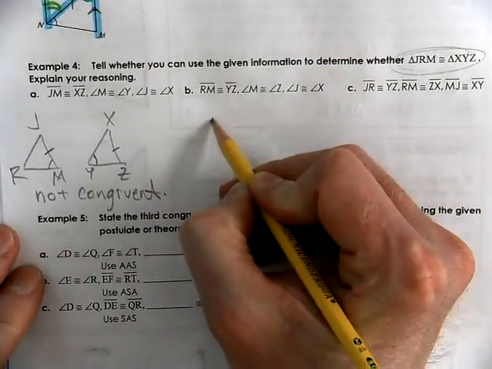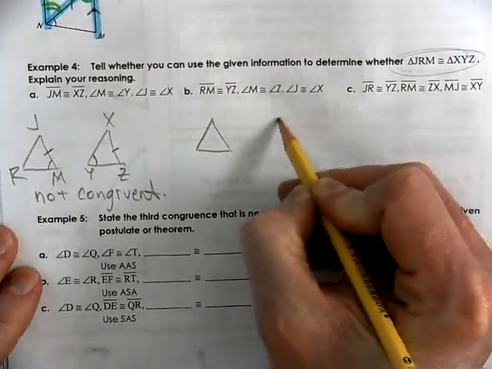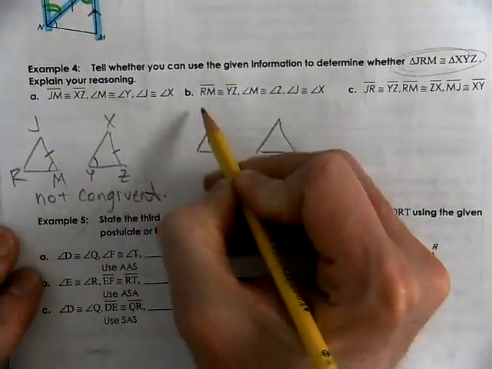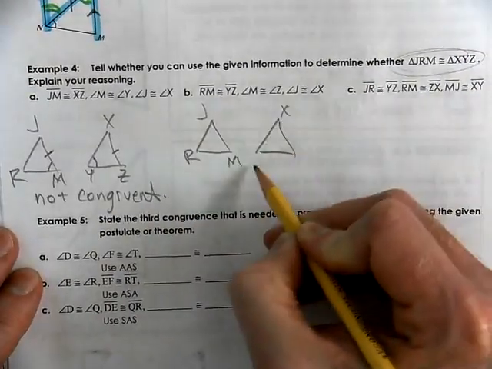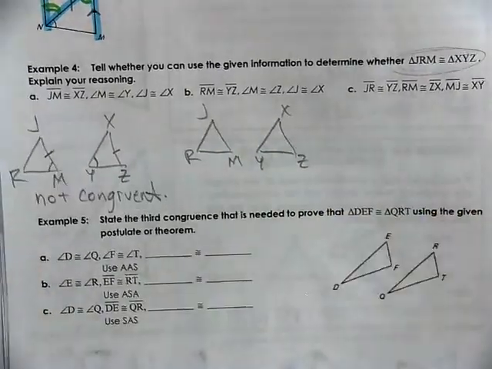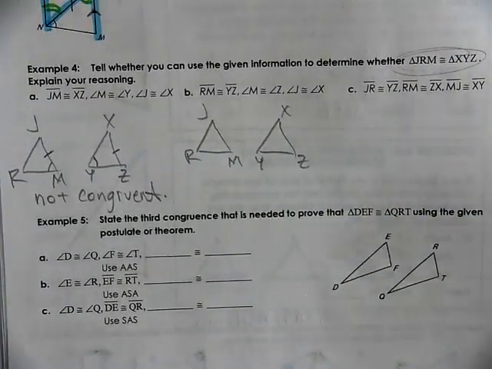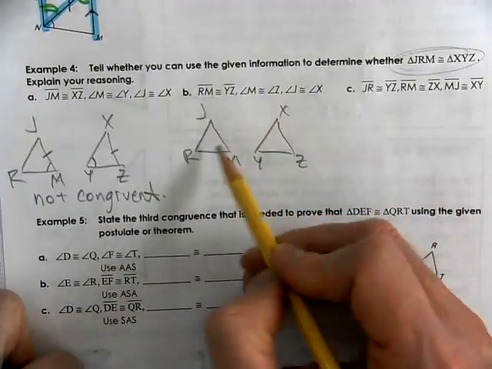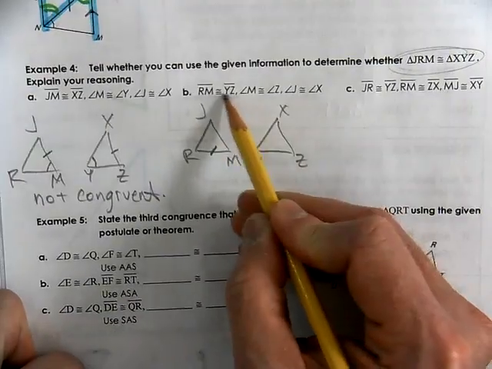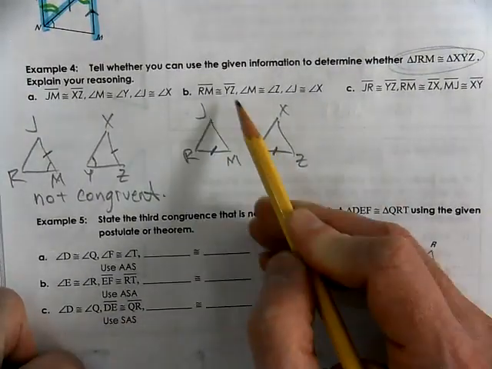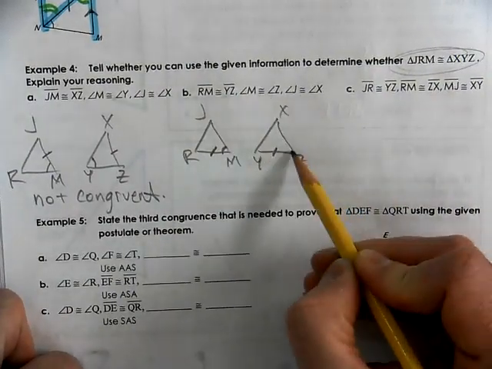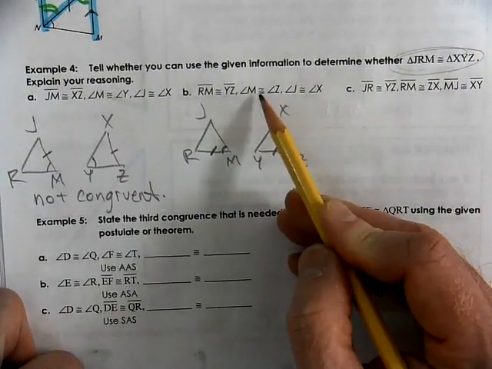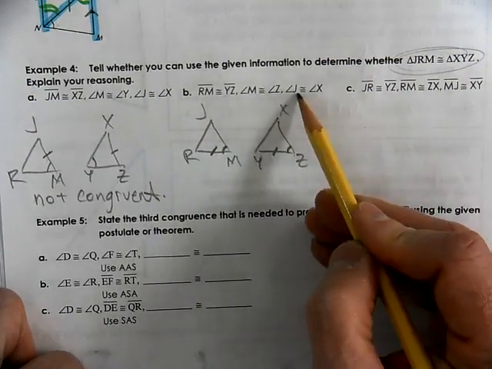In the next example, we have our two triangles. Label them JRM, XYZ. You can put the letters in any order you want, doesn't matter. RM, we got to find that. That's right here. YZ, angle M, angle Z. They're the same.